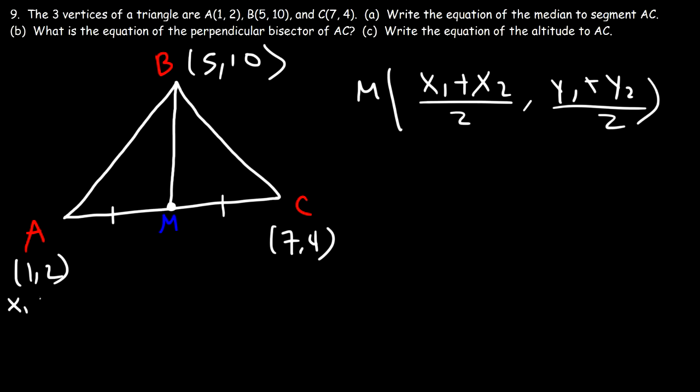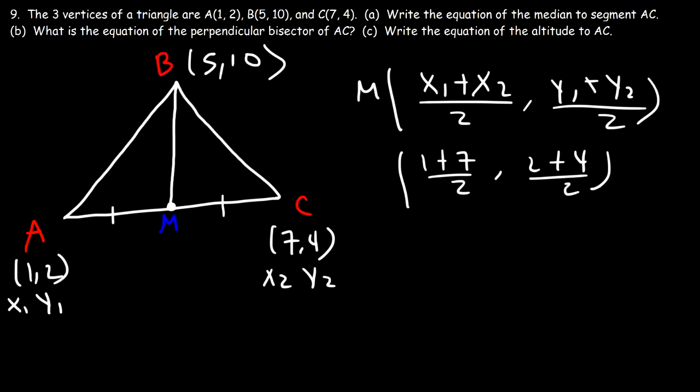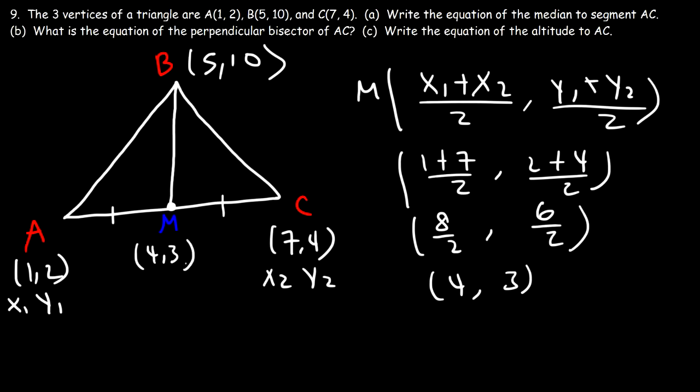So let's call this x1 and y1, and this is going to be x2 and y2. So it's 1 plus 7 divided by 2, and 2 plus 4 divided by 2. So 1 plus 7 is 8, 2 plus 4 is 6. 8 divided by 2 is 4, 6 divided by 2 is 3. So the midpoint is (4, 3).